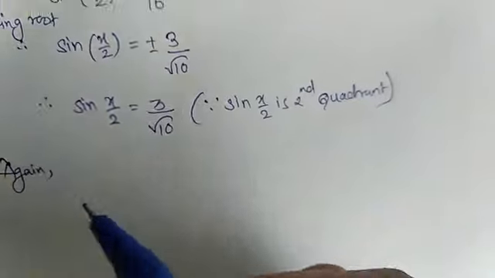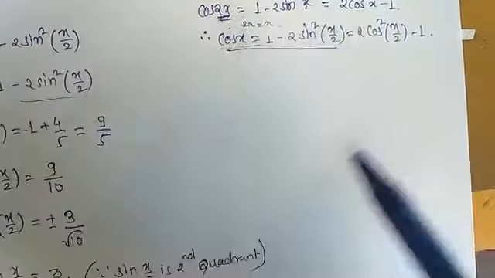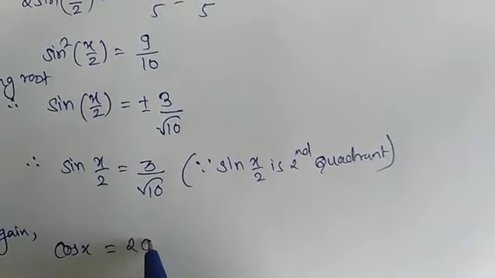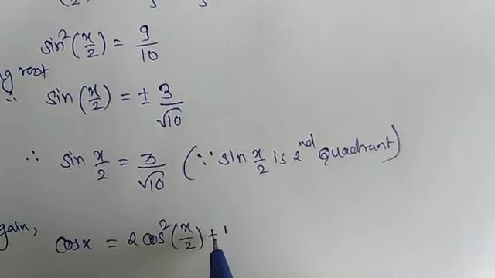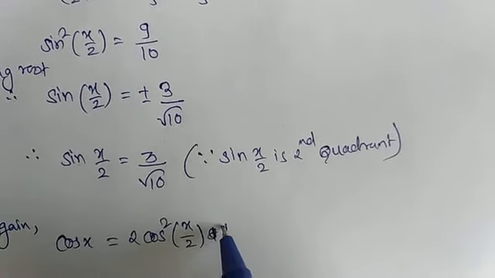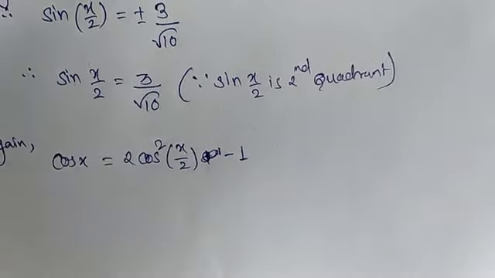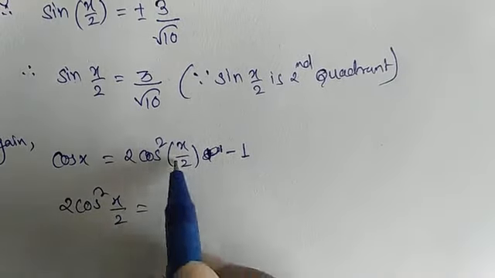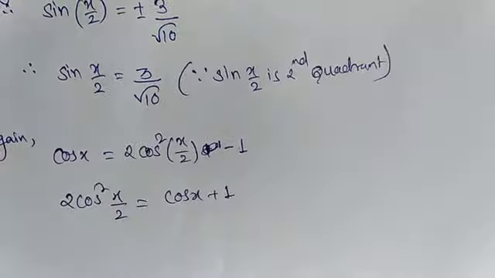we have derived a formula in terms of cos square x by 2: cos x is equal to twice cos square of x by 2 minus 1. So 2 cos square x by 2, with the minus 1 on the right becoming plus, is cos x plus 1.